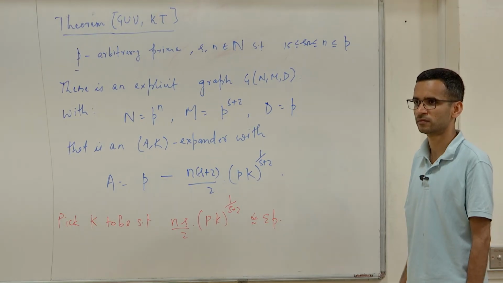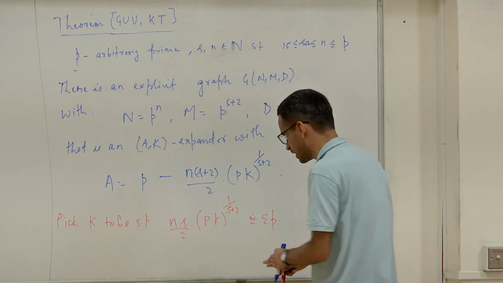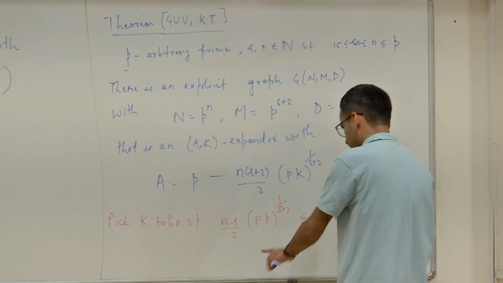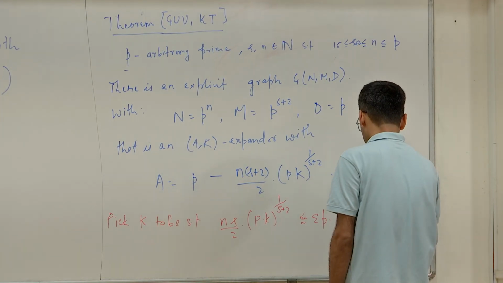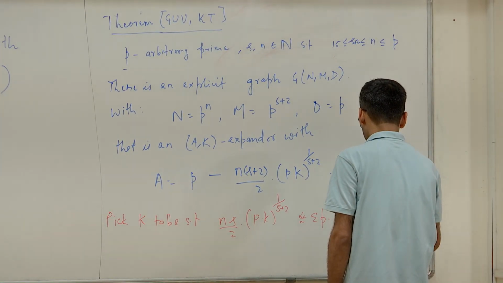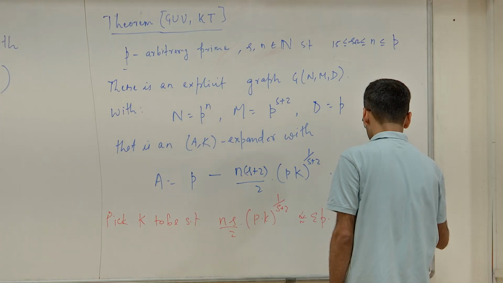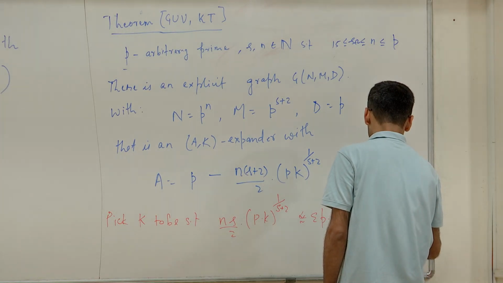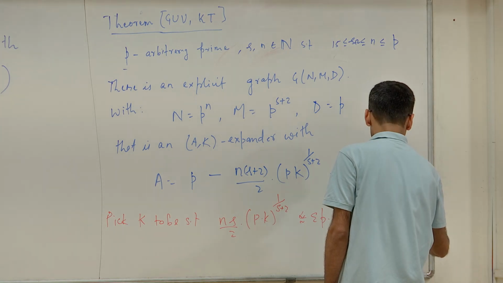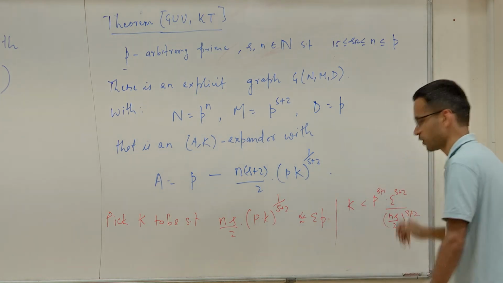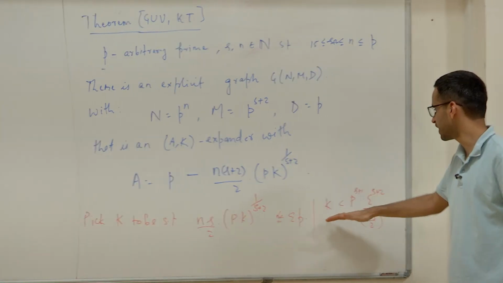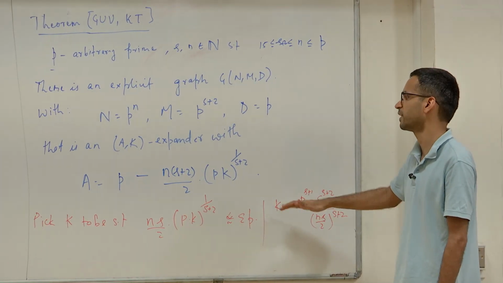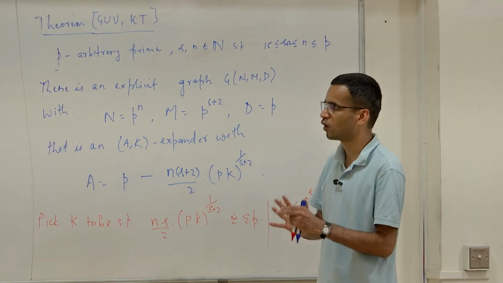Is that good? We can quickly see what k this gives. This says k is less than p to the s plus 1 times epsilon to the s plus 2 divided by something like s over 2 to the, okay, whatever. As long as k is smaller than this, you're getting almost full expansion.